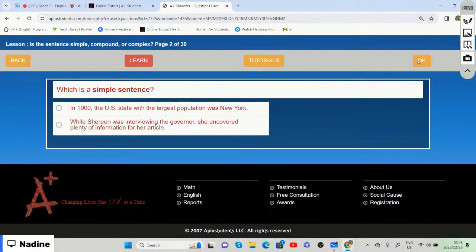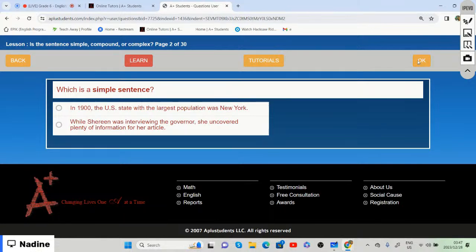So, which is a simple sentence? In 1900, the US state with the largest population was New York, or while Shireen was interviewing the governor, she uncovered plenty of information for her article.